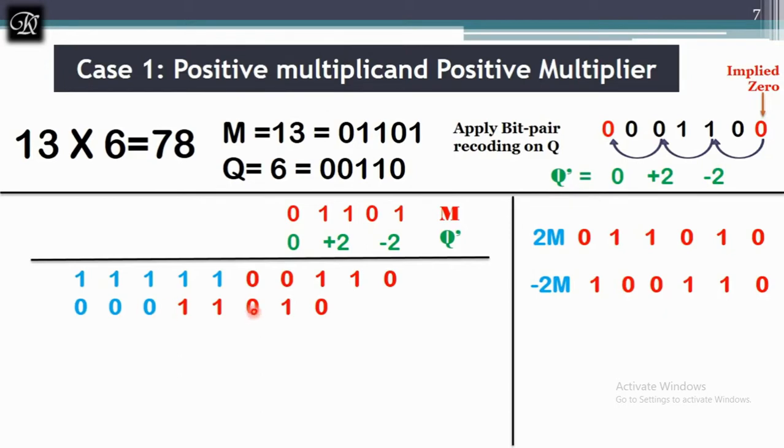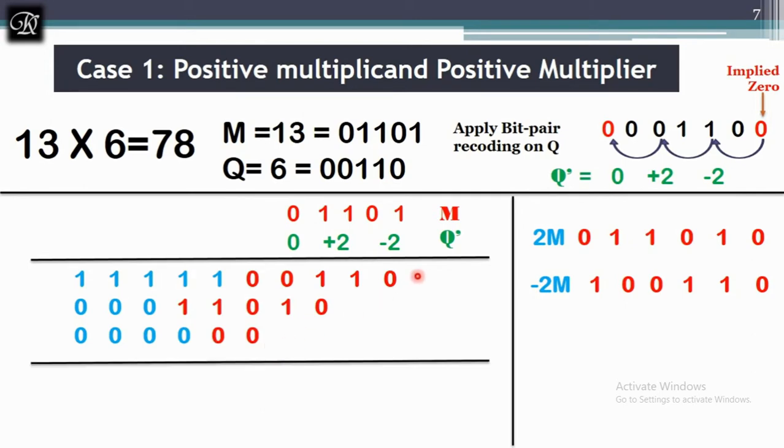Again leave 2 spaces and write zeros. After that, the final product: write 0, 1. 1 and 0 is 1, 1, 0, 1 and 1 is 0 and carry is 1, 1 plus 2 is 3, 1 carry is 1, so 1 plus 1 is 0 and carry is 1, 1 plus 1 is 0, carry is 1, 1 plus 1 is 0, carry is 1, but we are going to consider only 2n bits.